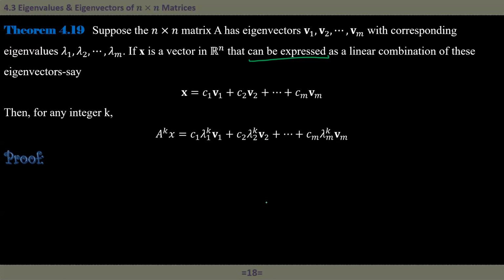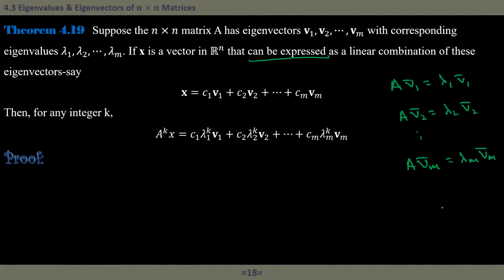Here, the proof is not so difficult, but I'll skip this. What you have to understand is, first, you should understand the condition. What is given here? This thing is given: A v1 equals lambda 1 v1, A v2 equals lambda 2 v2, dot, dot, dot, A vm is equal to lambda m vm.